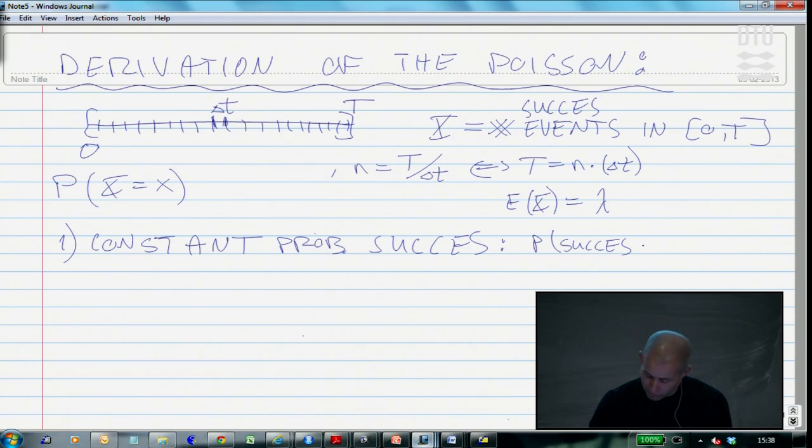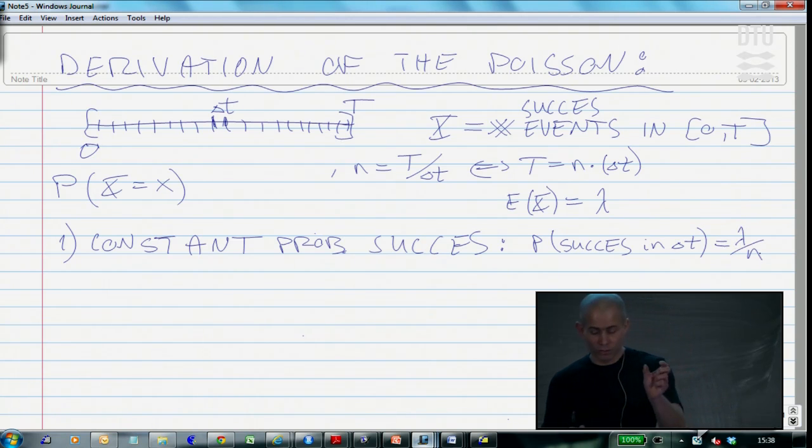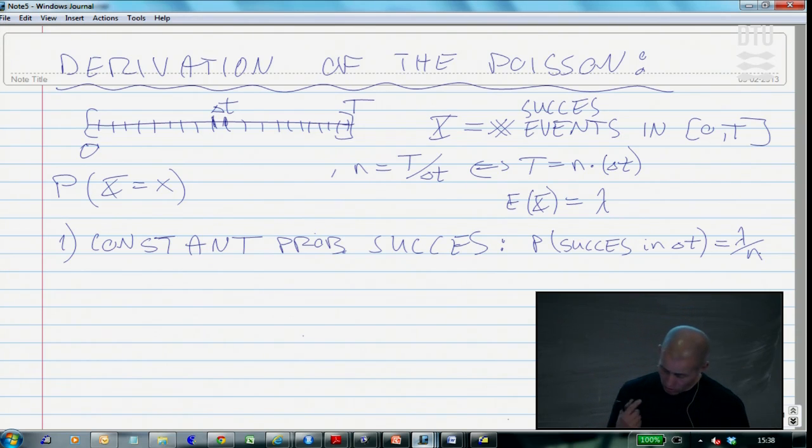The probability of success in such a small interval is constant. And what would that constant be by common sense? This constant would be the average number of events over the full time interval divided by n, since we split it into n small intervals. So on average there would be lambda over n in each individual time interval.